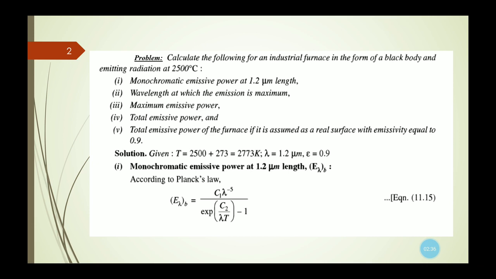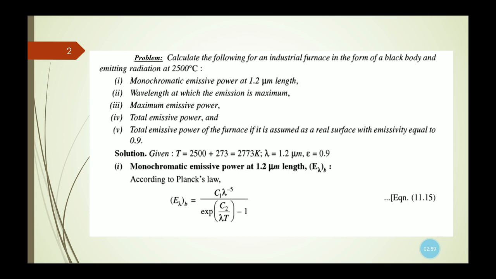The temperature given here is 2500 degrees centigrade, so in Kelvin it is 2773 Kelvin. Then the wavelength lambda is given as 1.2 micrometer, and emissivity is given as 0.9.